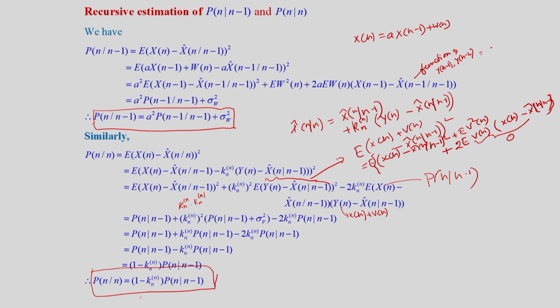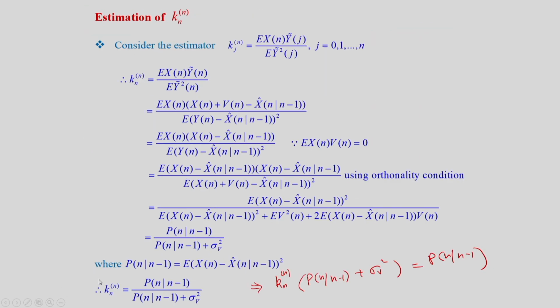So, we have this relationship now, that is the recursion for P(n|n-1) and P(n|n), and then that is the update equation for P(n|n-1) and P(n|n).